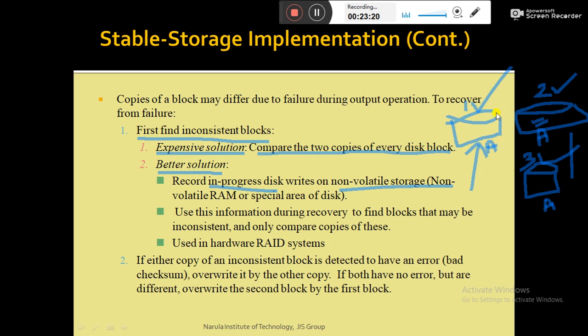How do we compare? We compare the content of disk 1 with the content of disk 2, where the content of disk 1 is the actual, consistent data and the content of disk 2 is inconsistent data. Now how do we compare that? With the help of the concept of checksum.